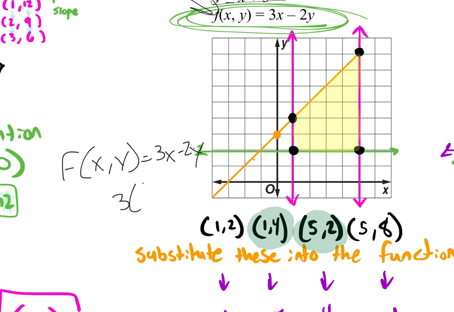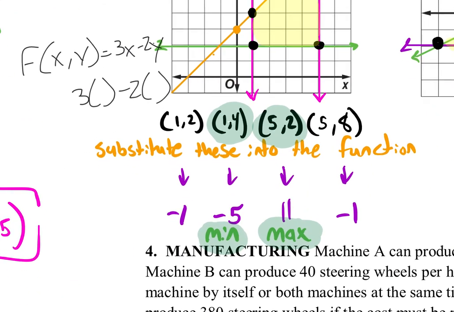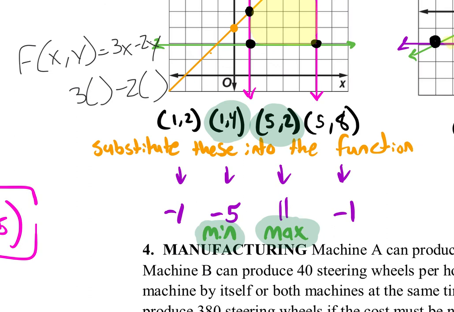So really 3 times the x value minus 2 times the y value. And when I do that, all of those yield different numbers, and you can see those numbers right there. Whichever one was the smallest, which was this point, is my minimum. Whichever one gave me the largest number, which is that point, was my maximum.